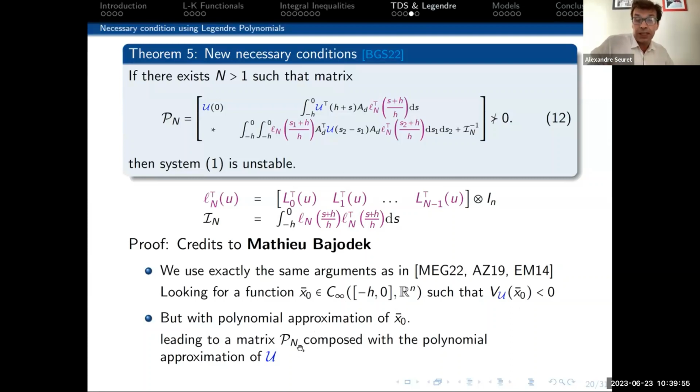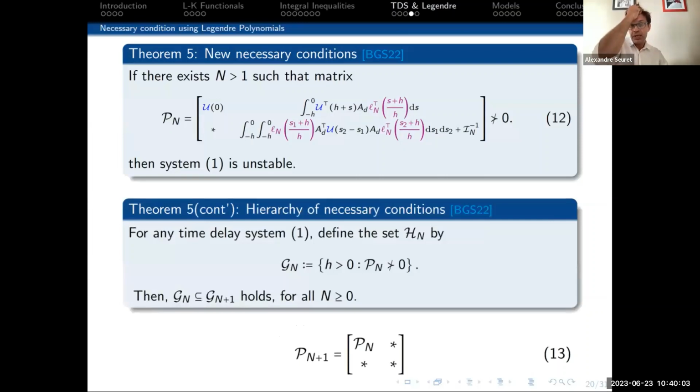this matrix Pn that is composed by the polynomial approximation of U. Continuing with the same idea as for the LMI case, we can end up with a hierarchical necessary condition, which means that if you consider the set of delays for which this matrix is not positive definite, then this set at order n is included in the set for a larger n.